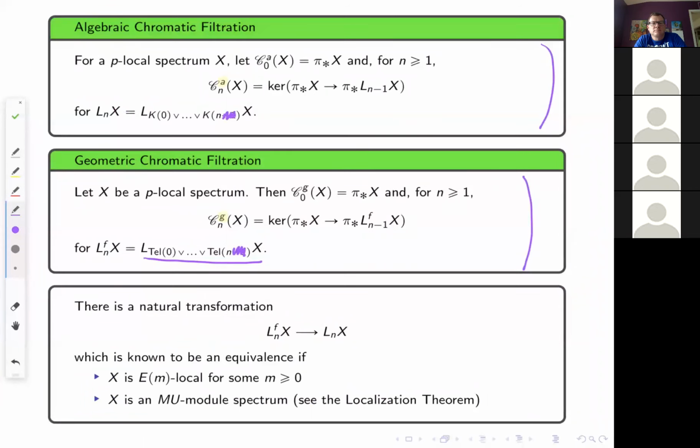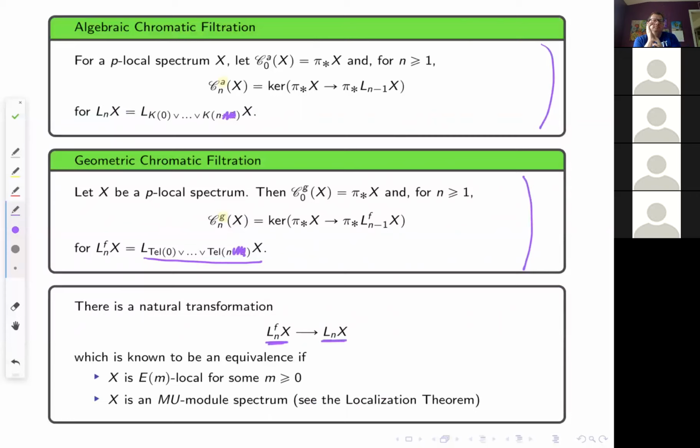If I have time, which I don't think I will, you can construct a natural transformation from the telescopic localization to the L_n localization that we defined before. It's pretty easy to understand if X is type n, but for now let me just state that there's always a map from one to the other.